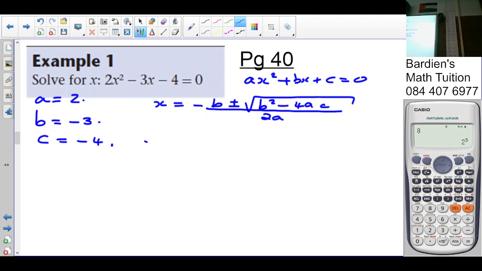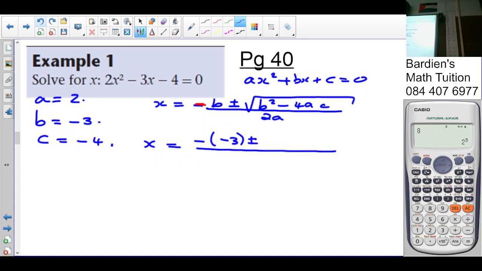So we have now x is equal to, what's your b value? -3. So now you will have negative, that is this negative here. Open brackets, -3. If you had written +3, no problem.